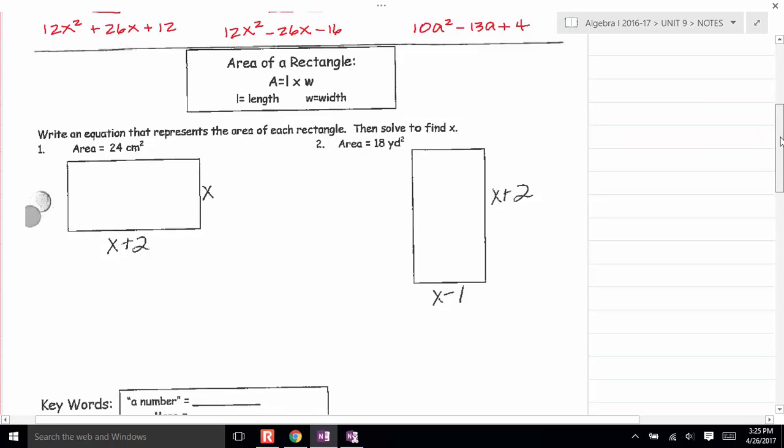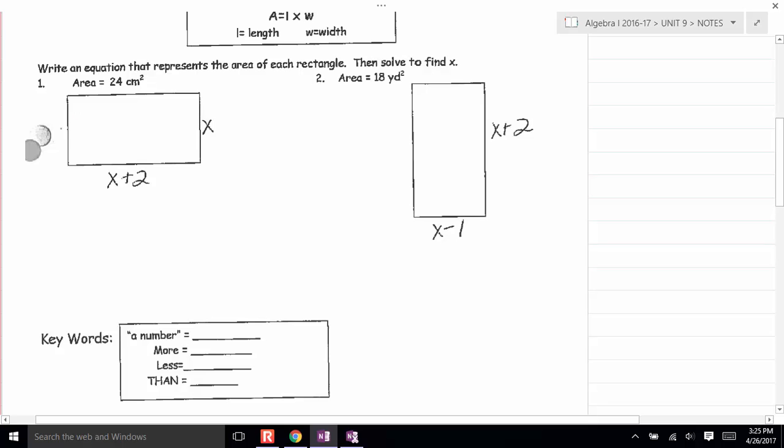So on number 1 here, we're going to set up our formula. It's A equals length times width. Now they tell me that my area is 24 square centimeters. So I'm going to take the capital A out and replace it with 24. If I look at the figure they've drawn, I know the length of my rectangle is the x plus 2. So I'm going to plug that in for L. And then the width of the rectangle is x.